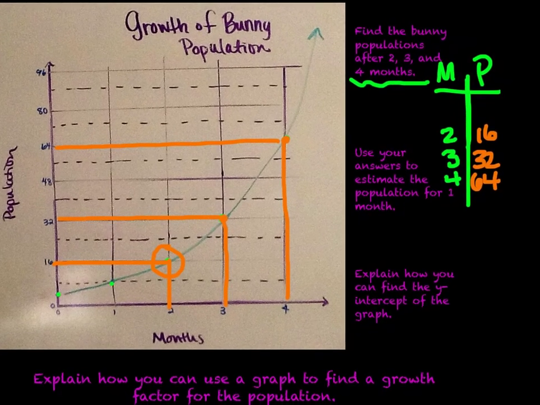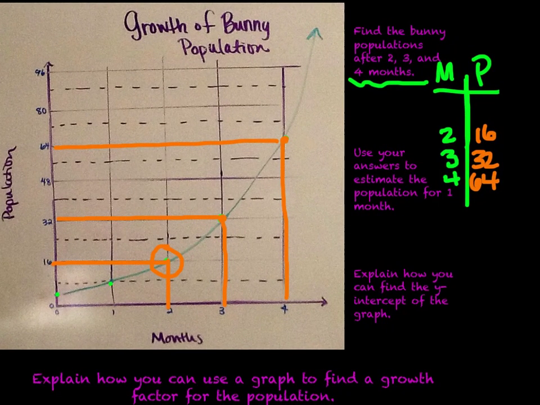Our next question is we need to use our answers for the table for 2, 3, and 4 months and estimate the population for 1 month. When I look at my months, I'm seeing that they're increasing by 1, so it's a +1 sort of thing.